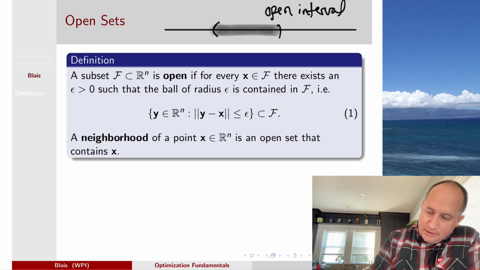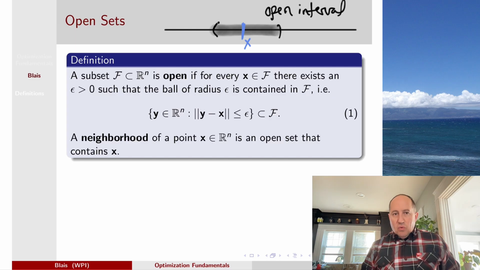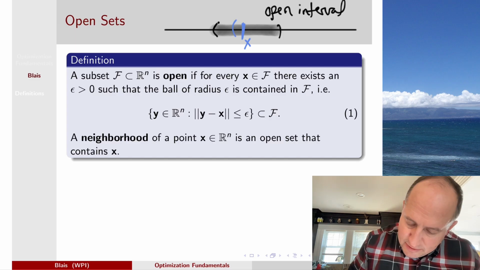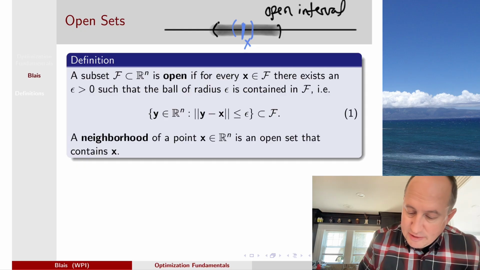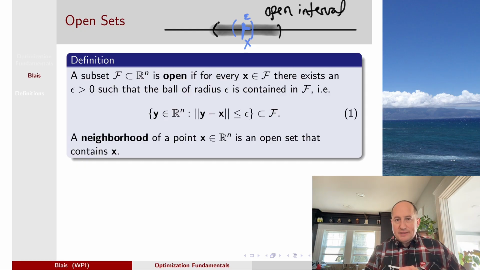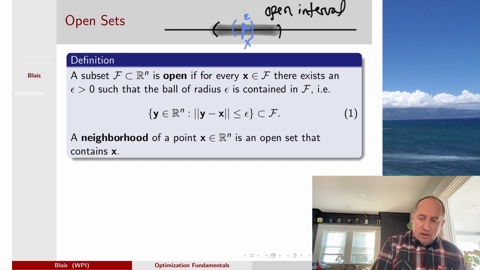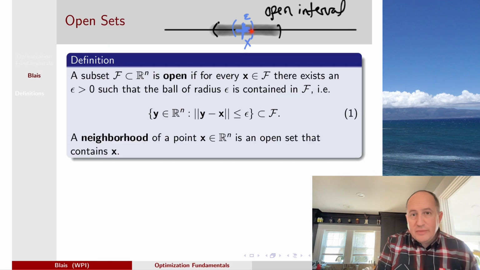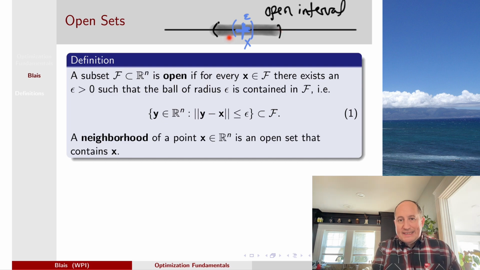So pick an x inside the set. Well, you can find a ball, in this case, just pick your epsilon, say to be that size there. A ball of radius epsilon, in this case this little interval, is completely inside the set.